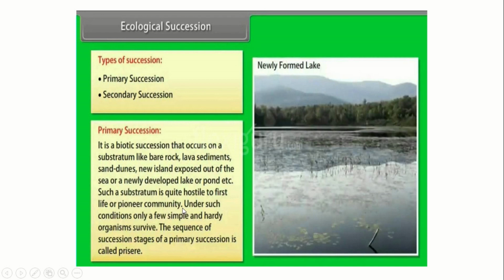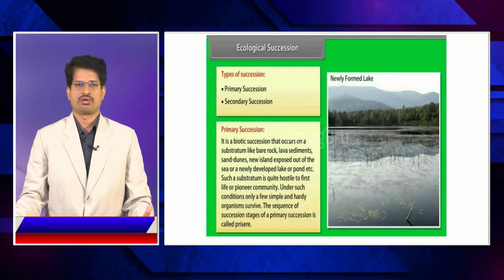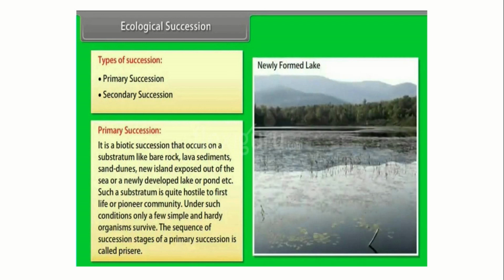So it is an environment where there is no life at all. Establishing life on bare, dead rock is very difficult for the species known as pioneer species. So this is the condition existing before the establishment of pioneer species, where you have a bare bedrock.